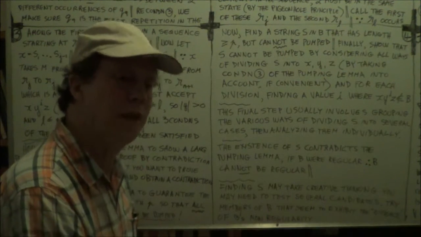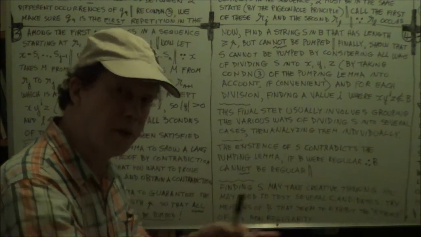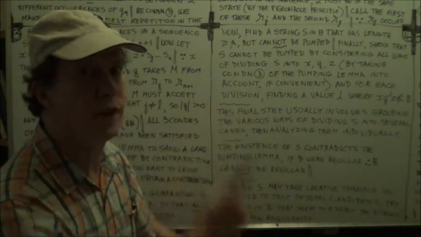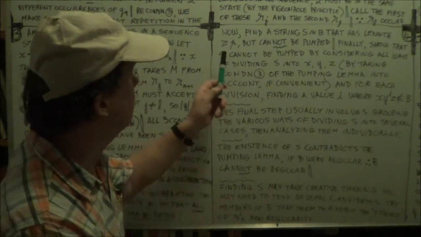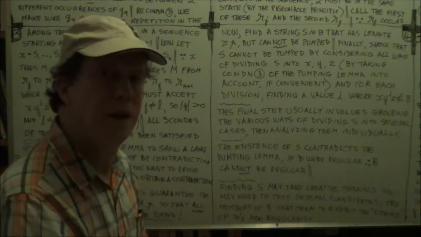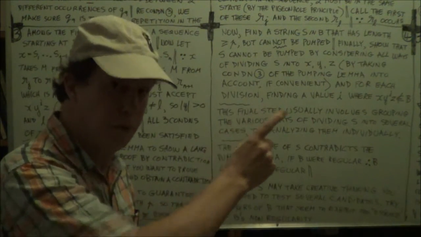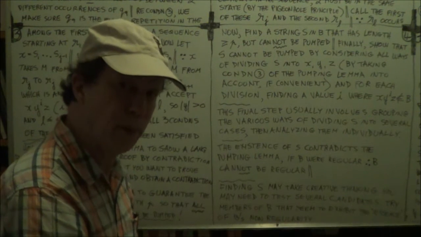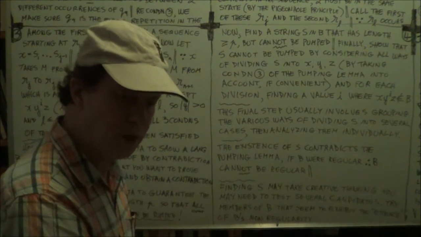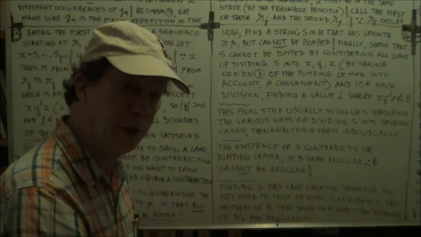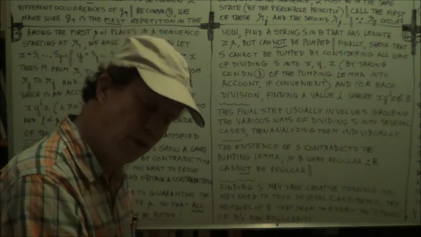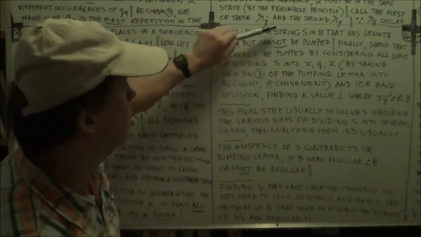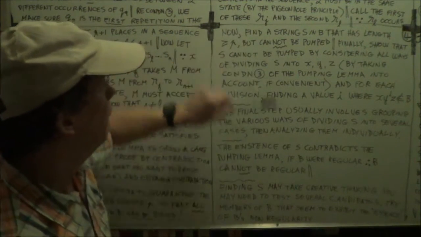It says if the language is regular, then every string will be pumpable. So if you can find one whose length is greater or equal to p that is not pumpable, you found a counterexample, and therefore your initial assumption that the language was regular is false. Therefore, your language is non-regular. That's what this is saying.